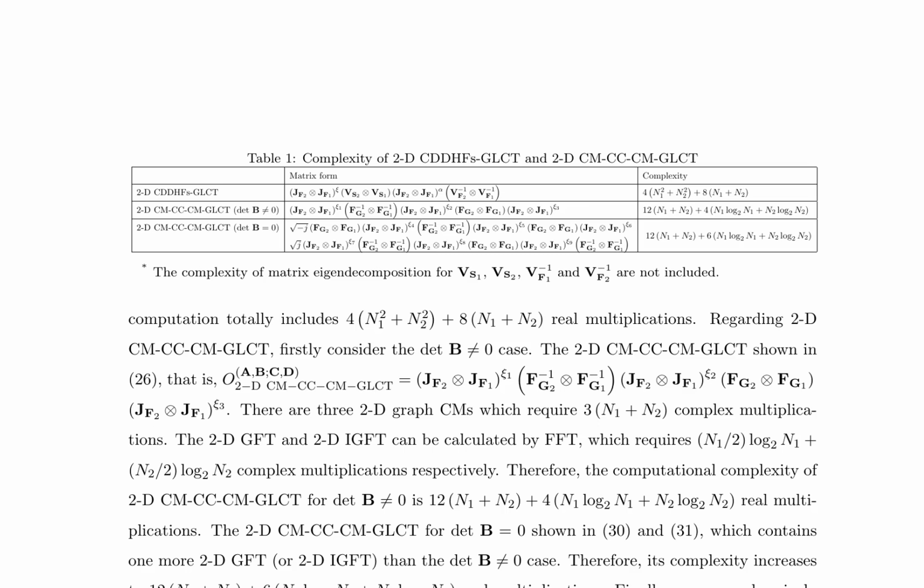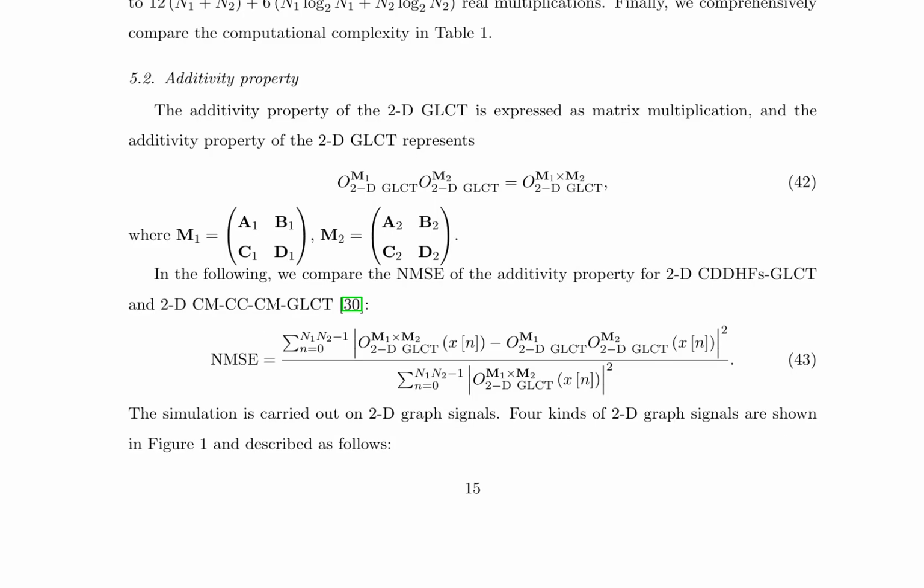The research paper discusses the computational complexity of two-dimensional 2D CDDHFs-GLCT and 2D CM-CC-CM-GLCT. The authors provide a detailed comparison between these two transforms in terms of their complexity, additivity, and reversibility properties. The complexity analysis reveals that the 2D CM-CC-CM-GLCT has a lower computational complexity than the 2D CDDHFs-GLCT for certain cases.